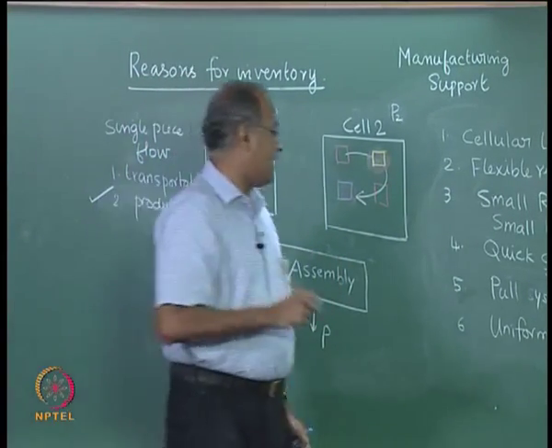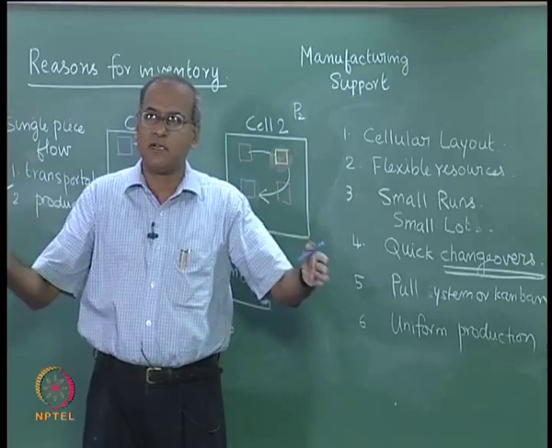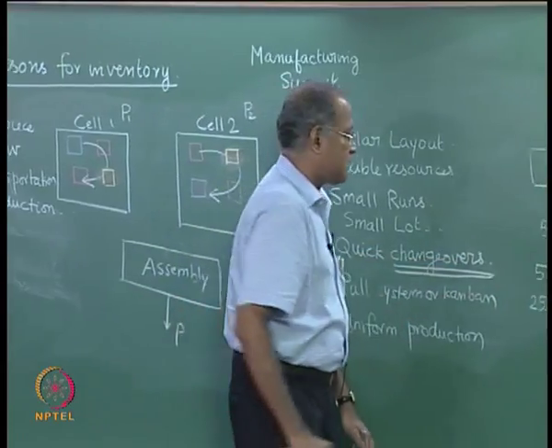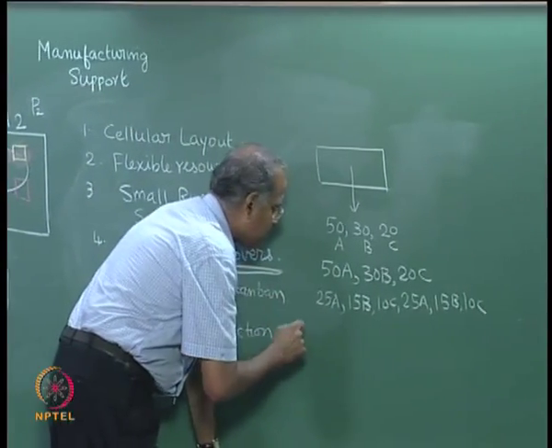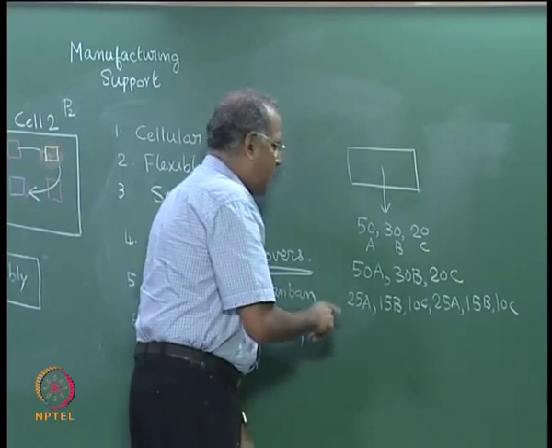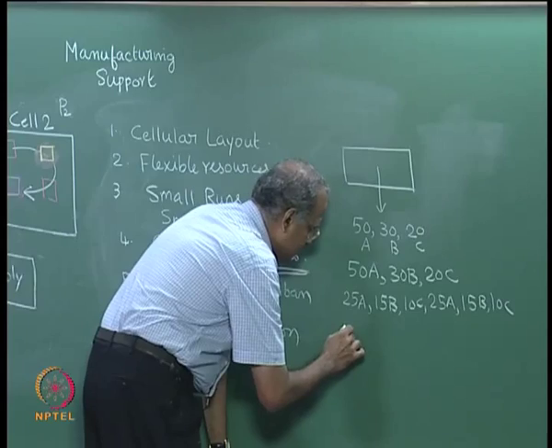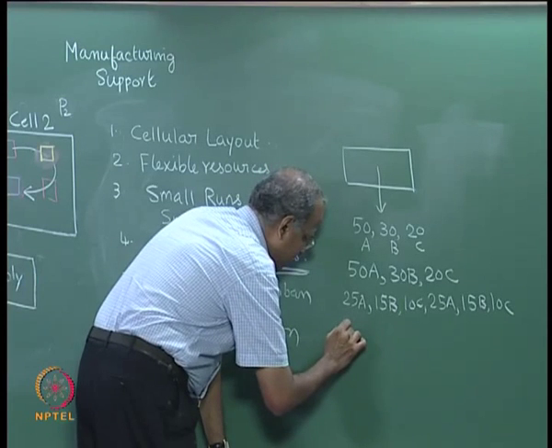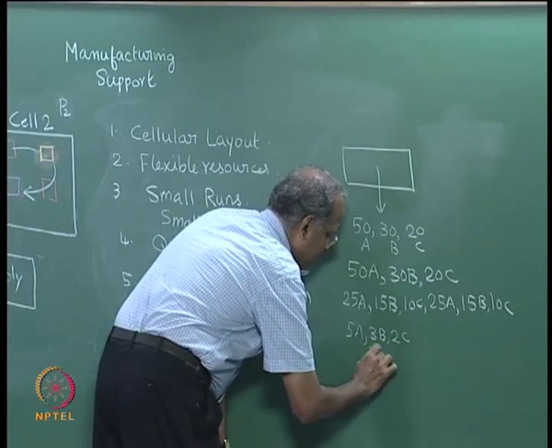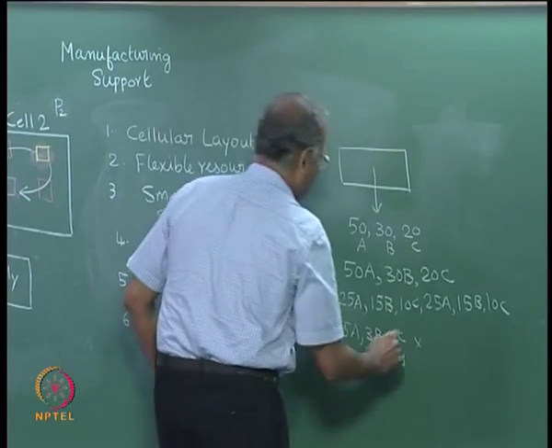Provided I have quick changeovers and I have the time to change over 20 times within a particular day by having quick changeovers. Now, this uniform production at the end I could do, for example, instead of doing 25A, 15B, 10C, I could actually do something like 5A, 3B, 2C, 5 times for this into 2.